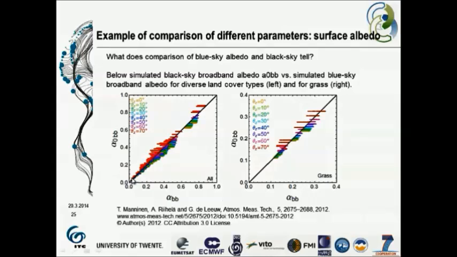You can tell that for the majority of the sun zenith angles, the differences are quite small, and they are not terribly dependent on the magnitude of the albedo itself. When the sun zenith angle grows very large, then the atmospheric path length of the radiation through the atmosphere grows very large, and then we begin to see larger differences.